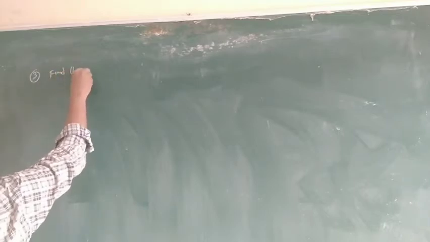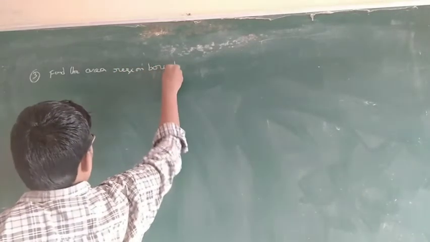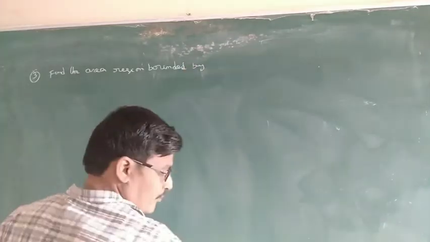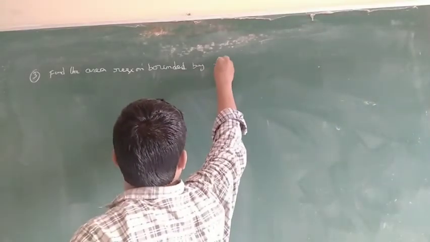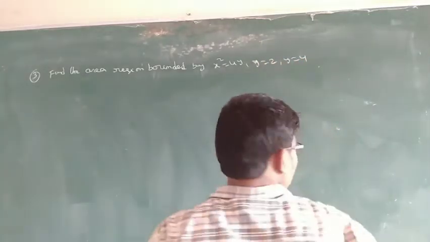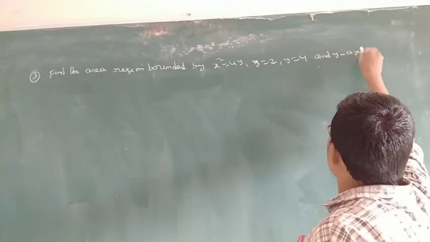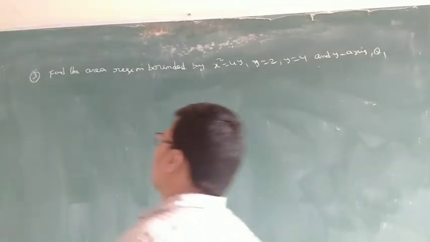Next, third one: find the area of the region bounded by x square is equal to 4y, y is equal to 2, y is equal to 4, and the y-axis, in the first quadrant.